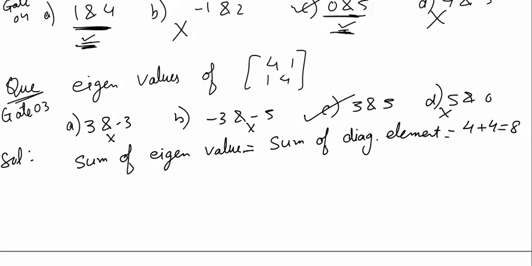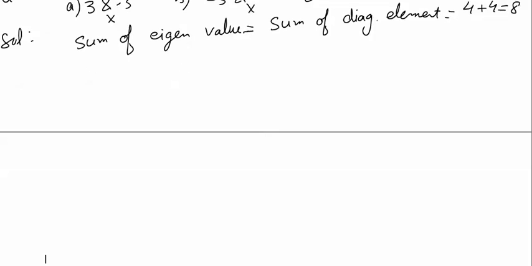So we have understood how to find the eigenvalues, and we have seen how we will utilize the properties also. Let us solve a couple of questions based on finding eigenvectors.